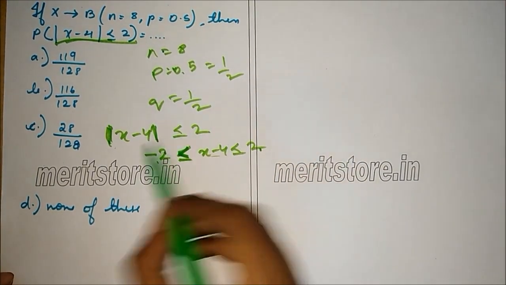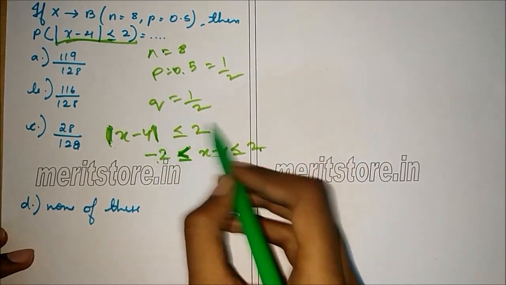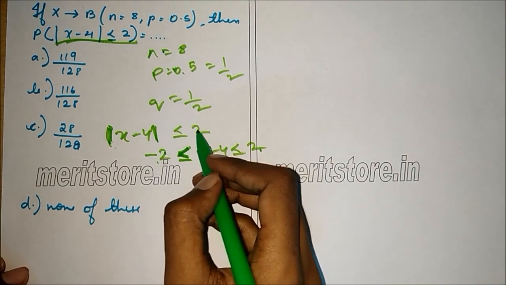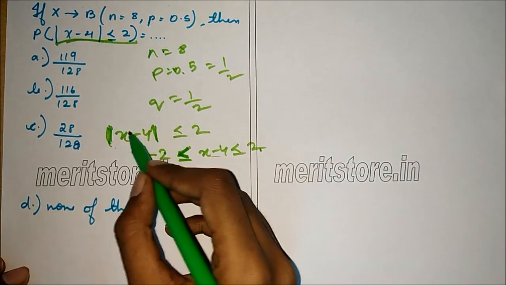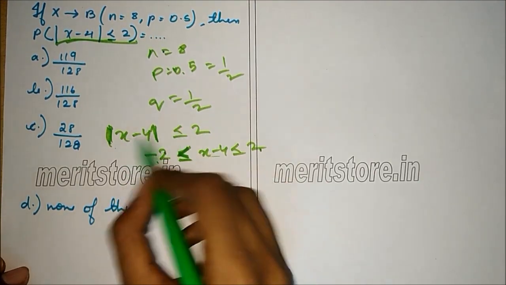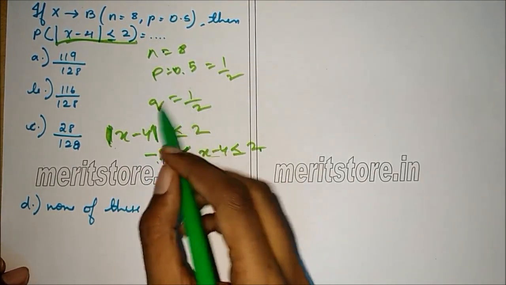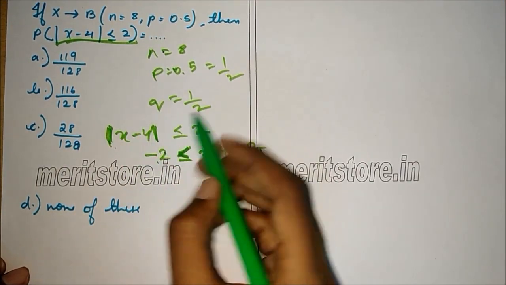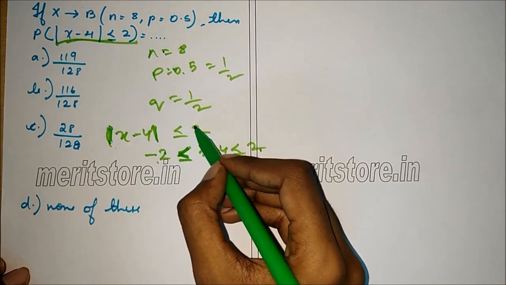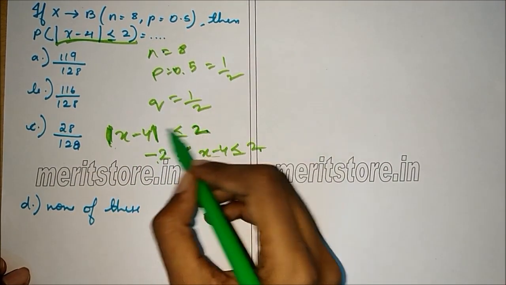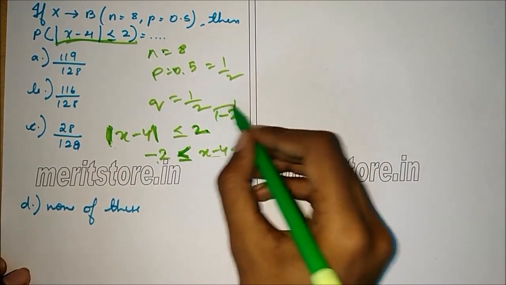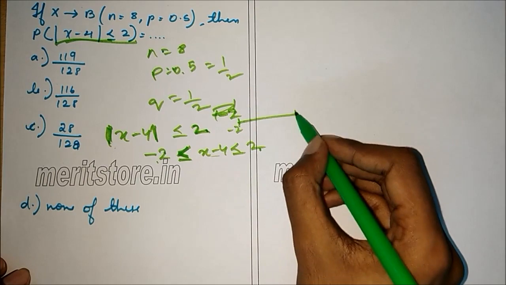For example, if we take a value like 3, then mod of 3 is greater than 2, so it won't satisfy. Similarly, if we take minus 3, mod of minus 3 will be 3, which again is greater than 2, so it will not satisfy. Only numbers equal to 2 or minus 2, or lying between minus 2 and 2, will satisfy.